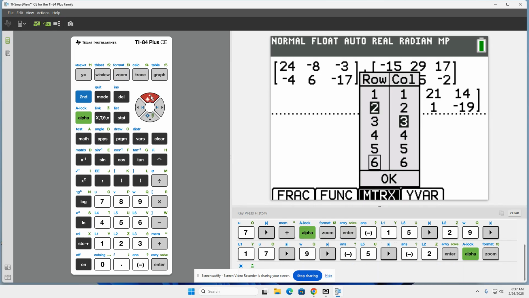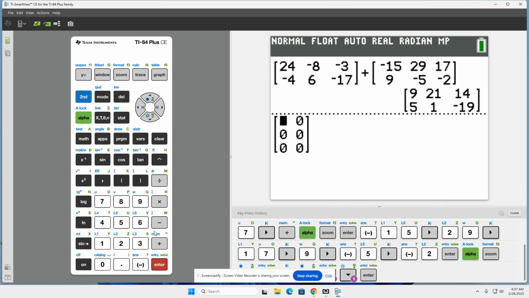So let's change this now to a 3 by 2, because that's what the other ones are. And they're wanting me to do z minus w. And those are both 3 by 2s. So I can do this. So let's pull up a 3 by 2.